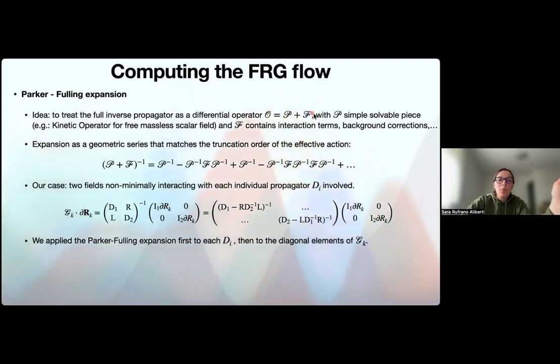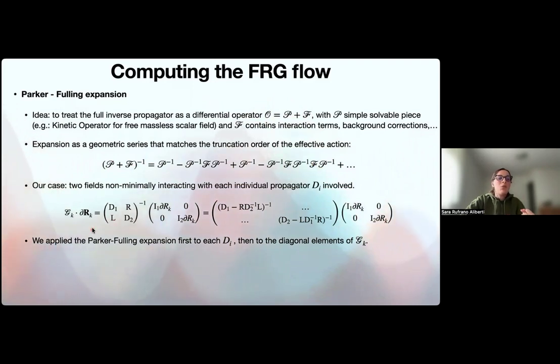To compute the propagator, we perform the expansion, which is a geometric series that should match the truncation order of the effective action. So we will keep only the terms compatible with our truncation in the effective action.